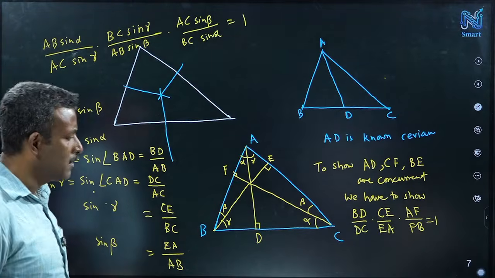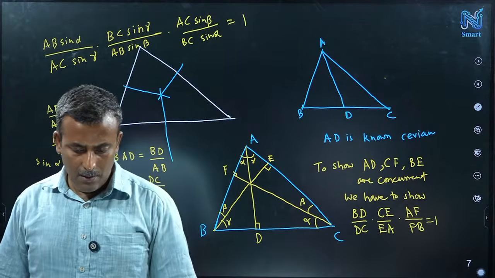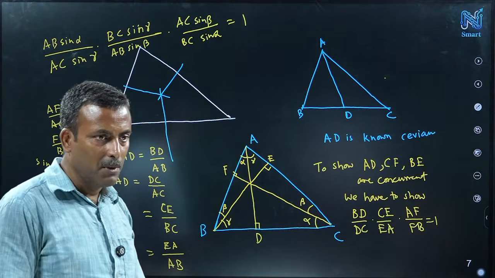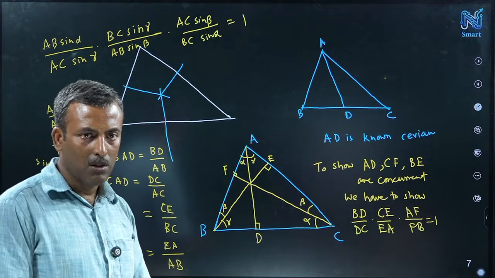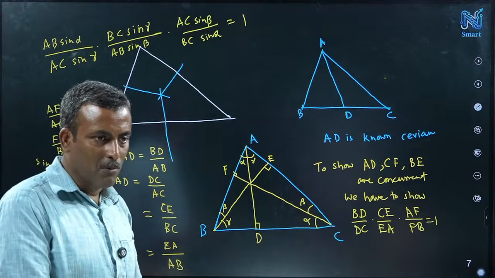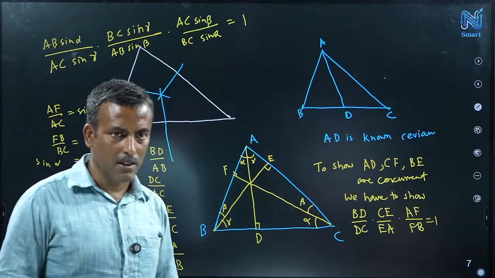Ceva's theorem has very good applications, and this theorem is very interesting. Now we will show one more similar type of theorem, which is not as useful as Ceva's theorem, but is also interesting and useful. It is called Menelaus theorem.